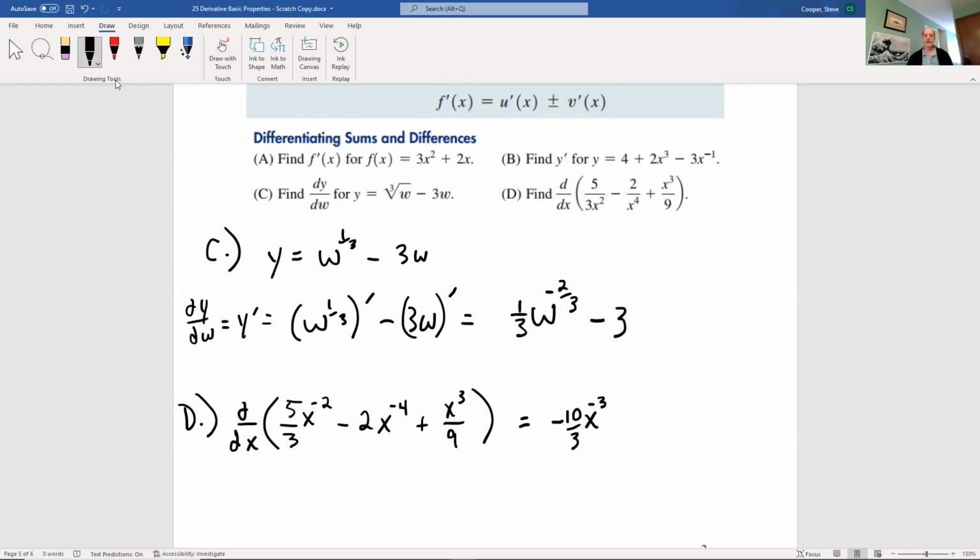Now I'm taking a negative 4 times the negative 2 out here, so I'm going to go ahead and bump that into plus 8x to the negative 5th. And here I'm taking plus 3x squared times the 1/9, or over the 9. So all I have to do is reduce this 3 over 9, because this is not reducible. So let's change this 3 over 9 and we'll make it 1/3.